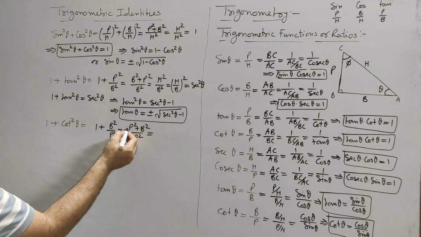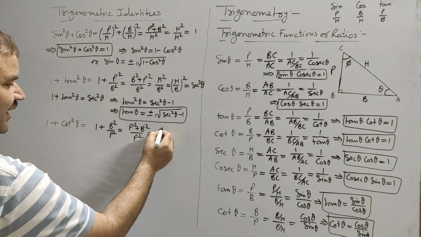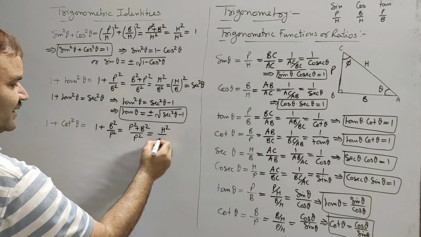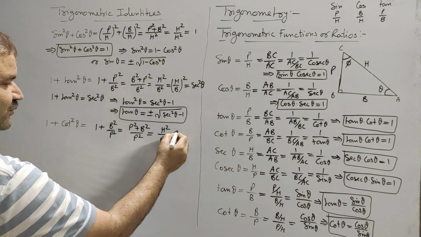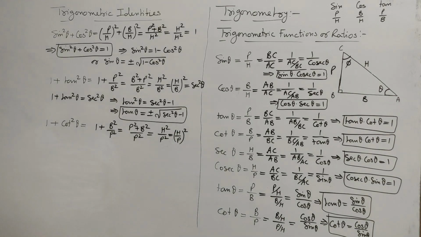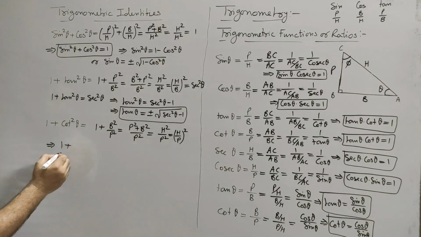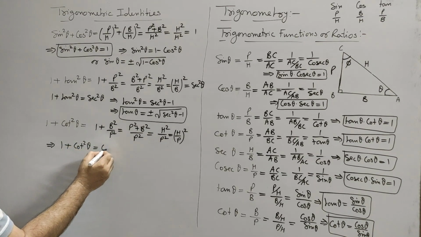And by Pythagoras theorem, perpendicular square plus base square will become hypotenuse square, divided by perpendicular square. Hypotenuse upon perpendicular whole square, and we know hypotenuse upon perpendicular is cosec theta. So this will give 1 plus cot square theta is equal to cosec square theta.